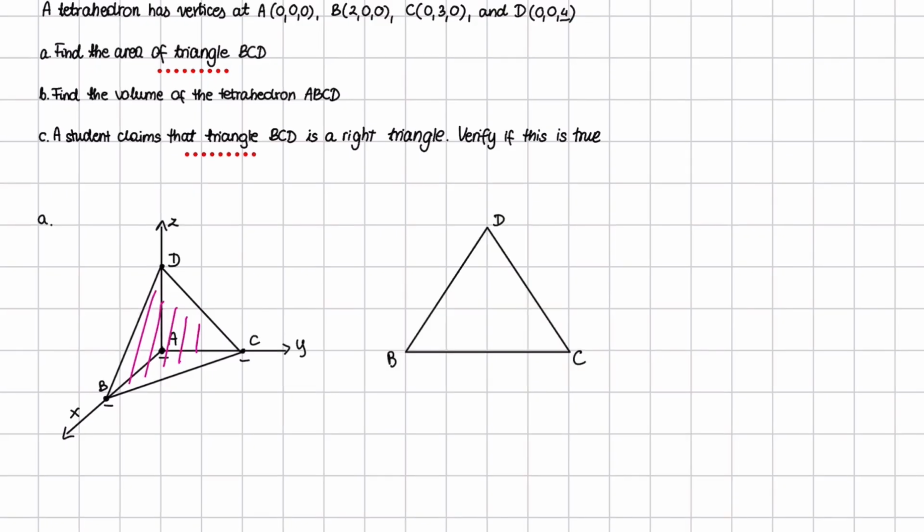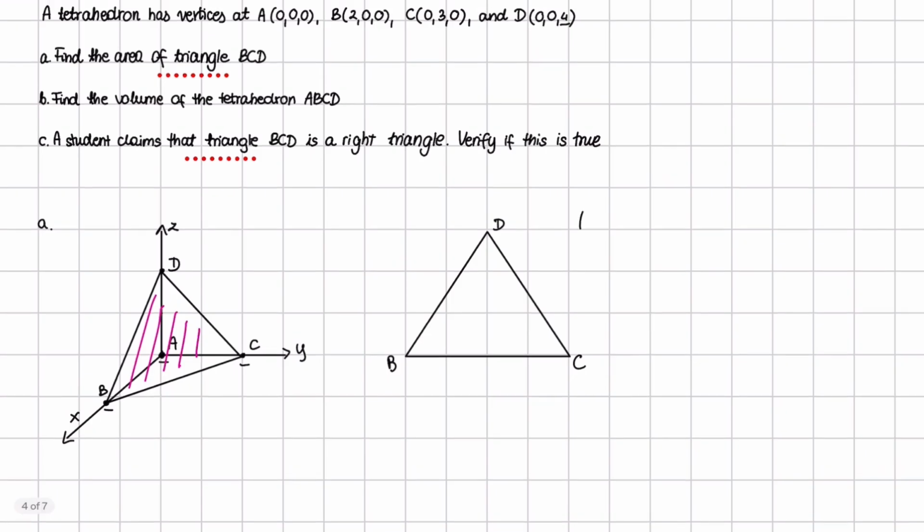So this is our regular triangle, and we know that in order to find the area of this triangle, we have to multiply half with A and with H. So we can simply find the distance between B and C. So this will be our A, and then distance between D and this point. But this point is just our midpoint.